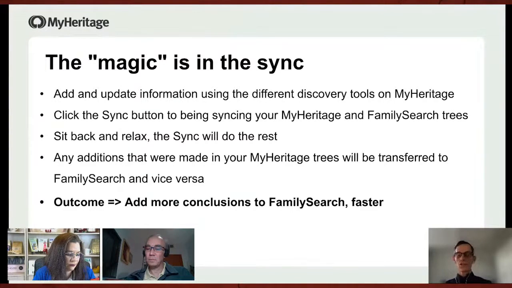And some of those people were also modified or had new family added on FamilySearch as well, because FamilySearch is not your own tree, other people work on it, and many things can change there as well. So once you start the sync, any additions that were made to your MyHeritage tree will be transferred to FamilySearch and vice versa. And the outcome, as we said, is a quicker way to get conclusions to FamilySearch and update your version of the tree on MyHeritage.